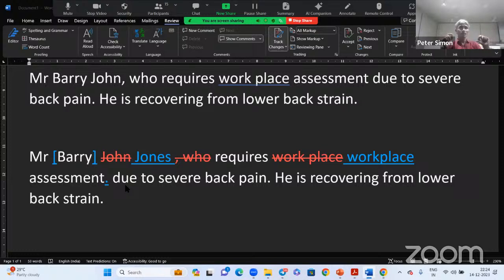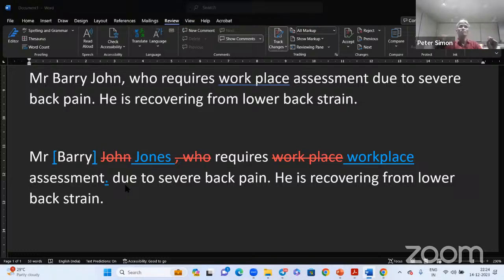But does he require workplace assessment due to severe back pain? No. Due to severe, that means he has severe back pain. That's why he needs workplace assessment. If he has severe back pain, then how can he work? Then what is the need of assessment? Actually, you're telling something wrong there. Due to severe back pain, you cannot attend workplace.